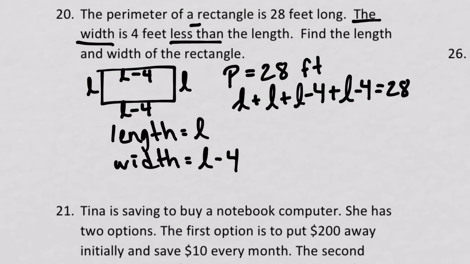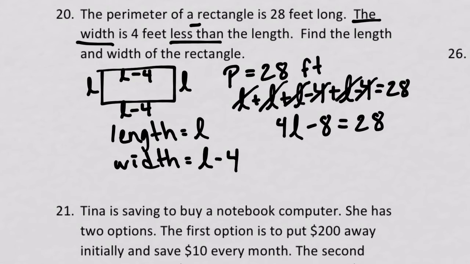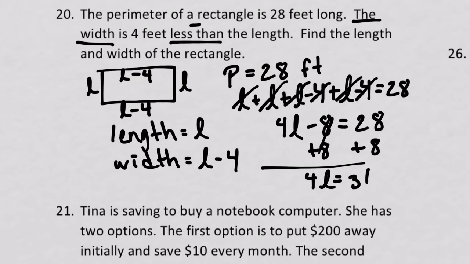Combine all the like terms. L plus L plus L plus L is 4L. Negative 4 and negative 4 make negative 8. They don't cancel. They're both negative, so add them. Equals 28. Add 8 to both sides. So I get 4L equals 36. Divide by 4. And you get your final answer, which I'm going to write over here.